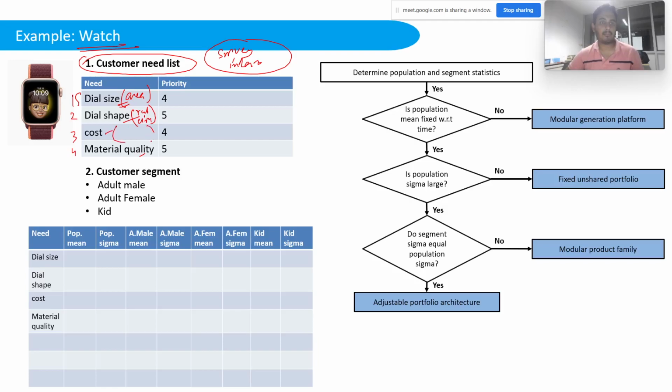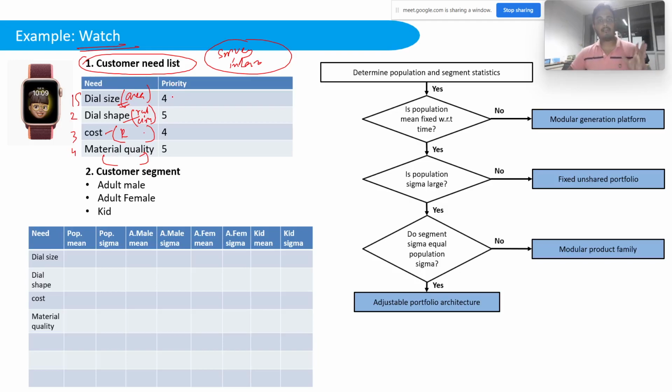Cost can be price in rupees, and material quality can be both qualitative and quantitative. You can define it in terms of strength of material as a quantitative value, or in qualitative terms, which as a designer or architect you may know, like shiny, enamel looks good, colorful. Those are qualitative parameters.